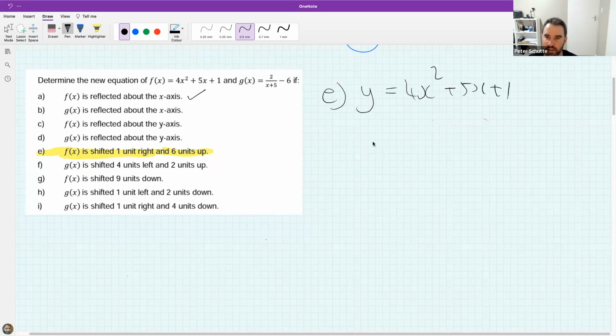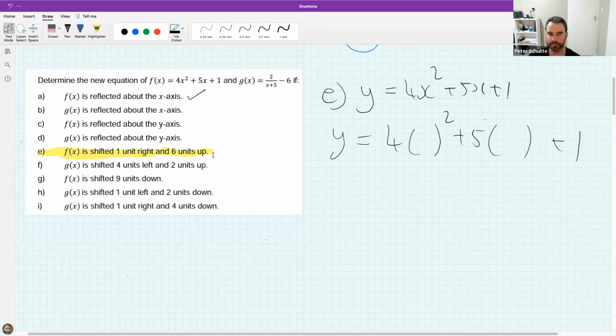Now, what do you think I'm going to need to do in order to accomplish this 1 unit to the right and 6 units up?